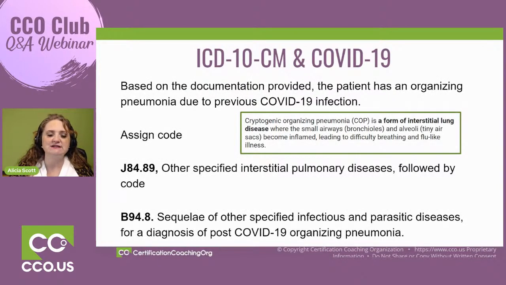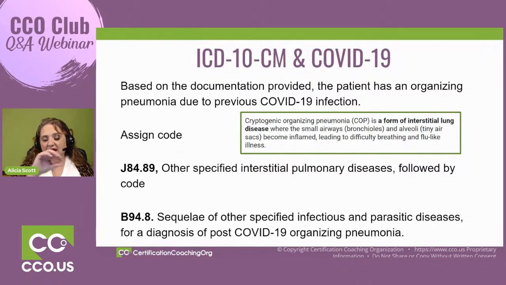Well, it states that there is actually a code for this organizing pneumonia, and it would be the J84.89. It's an other code. How do you say that? Cryptogenic organizing pneumonia, or COP, is a specific type that's related to having other things happening in the body.